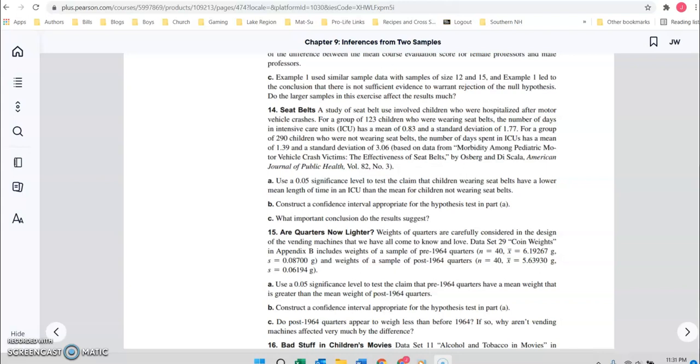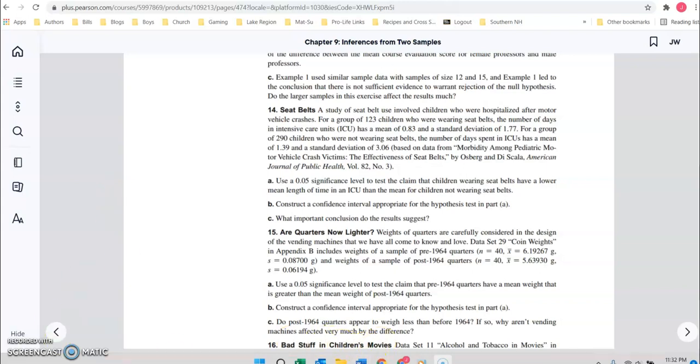Their number of ICU days was 1.39, with a standard deviation of 3.06, and we can see this is cited. We want to use a 0.05 significance level to test the claim that children wearing seatbelts have a lower mean length stay than those who don't. Okay, so in other words, seatbelts mean that children survive crashes better and with less injuries.